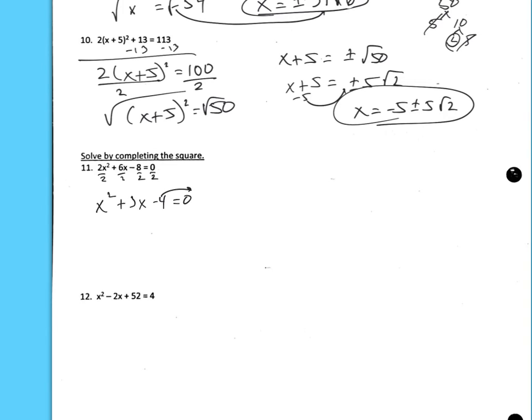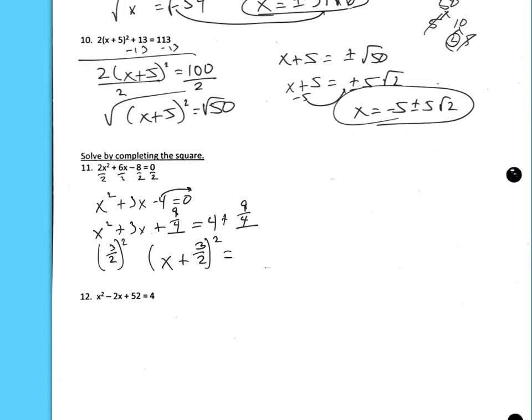Get the 4 out, creating your blank. 3 divided by 2, that's it. That's how you do that, and you square it. So we're going to add 9 fourths. 9 fourths. Letter, first sign, number you squared.